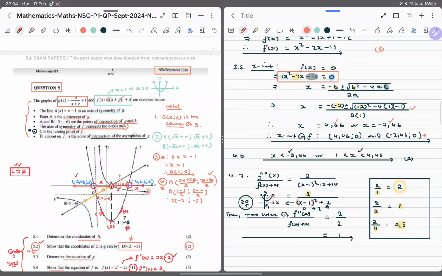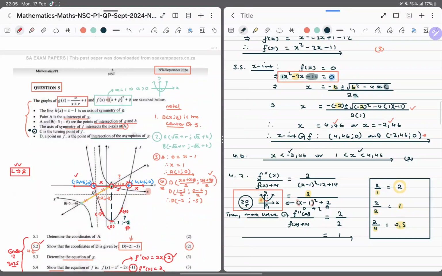And I know my y value there is at 2. Can you see? This is the smallest value of the graph because all other values are bigger than 2. So this 2 becomes the minimum value. So one can look at this algebraically, can look at it graphically.